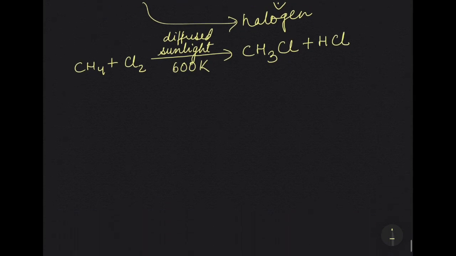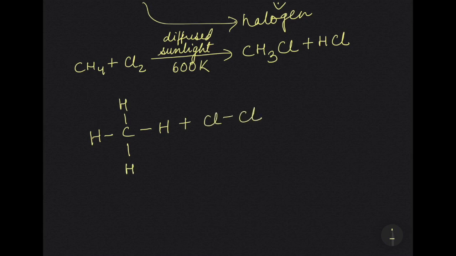Okay, so to explain it further, this is the structural formula of methane. Okay, and it reacts with chlorine. Chlorine has 2 chlorine atoms. Okay, so now there is an exchange. This will come here and this will come here.